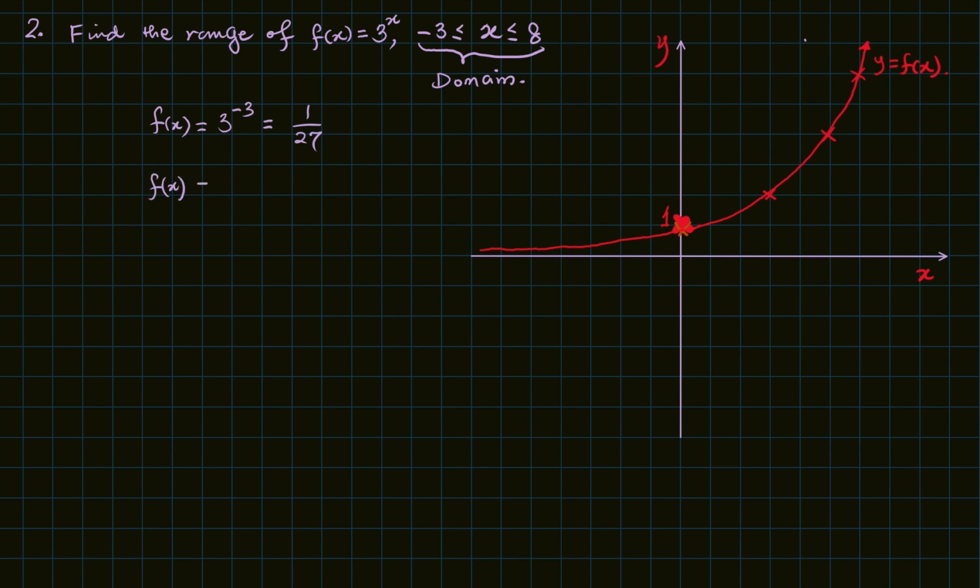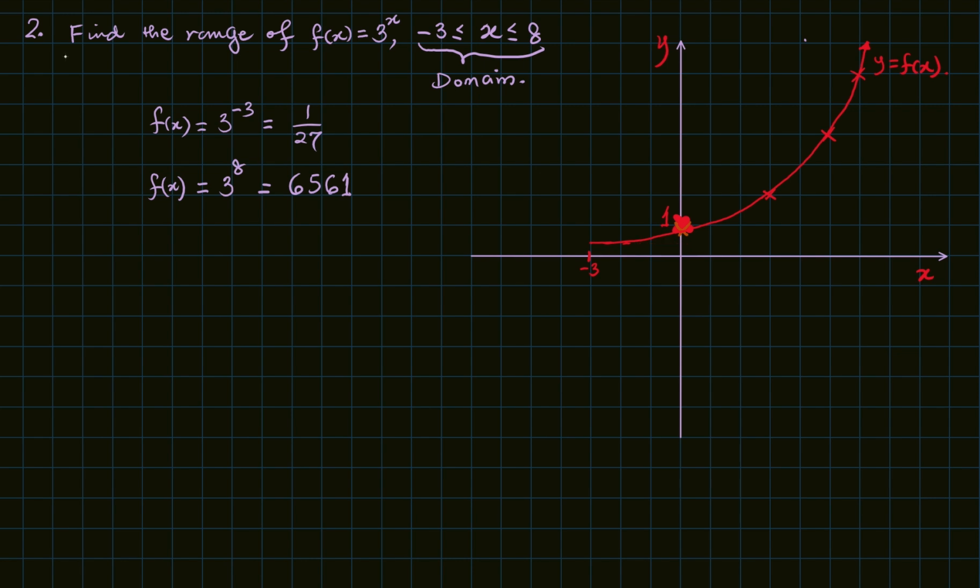When x equals 8, then f of x will be 3 to the power of 8. So it is pretty close to 0. And so we have something like that. And that point there, if you trace that to the y-axis, will be 1 over 27, if you like.